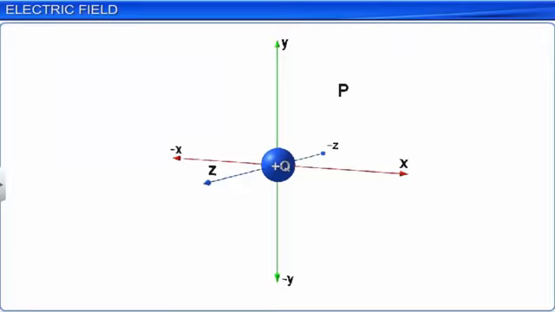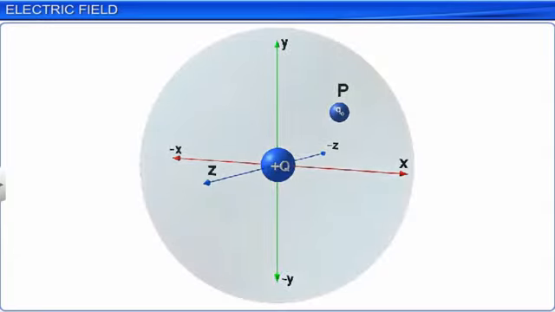Now, let us remove charge q from the origin and reintroduce charge q0 at the same point P. Charge q0 does not accelerate now and remains at rest. This means that the force experienced by q0 is due to charge q. We say that since charge q0 is in the electric field of charge q, it experienced a force.